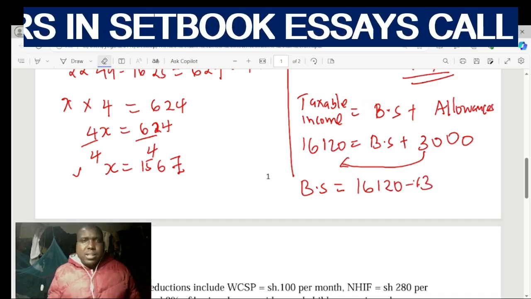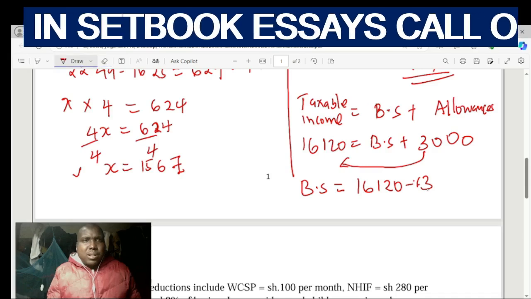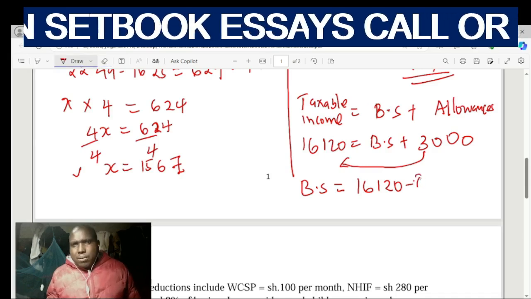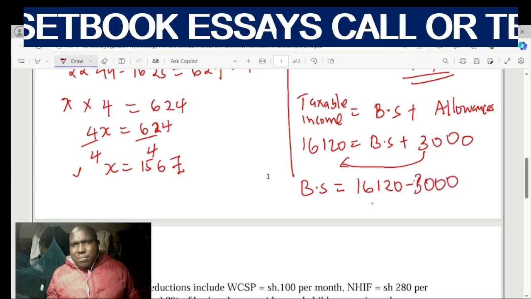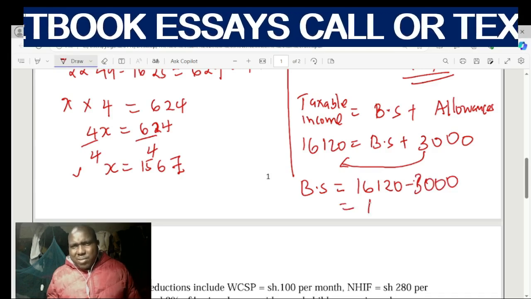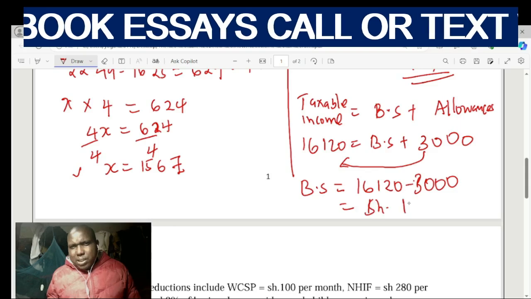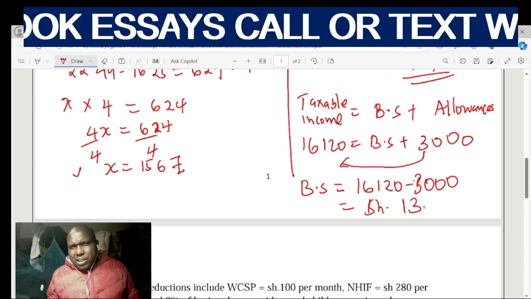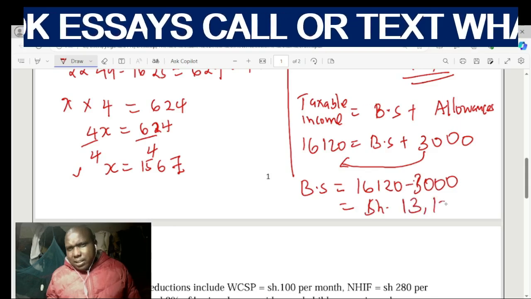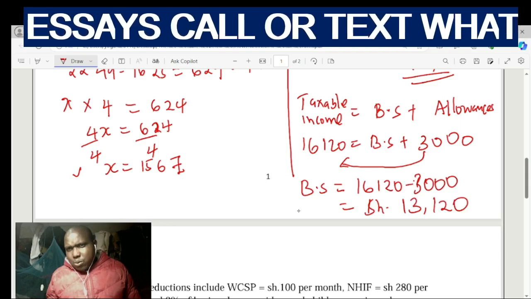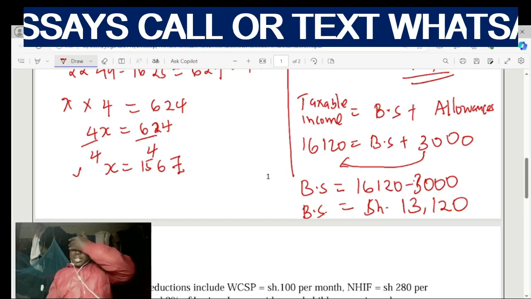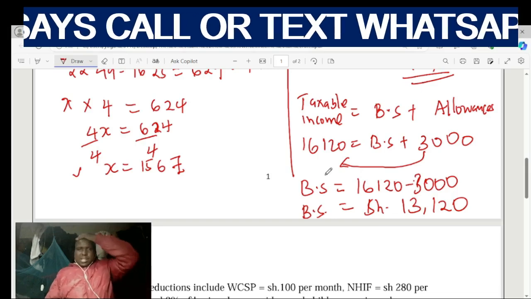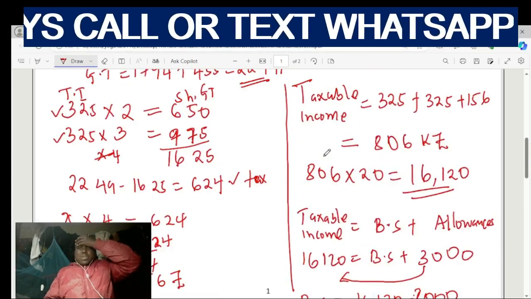So this one will be shillings 13,120. Hiyo ni basic salary. That is our basic salary, na tumemaliza our 6 marks namna hiyo.